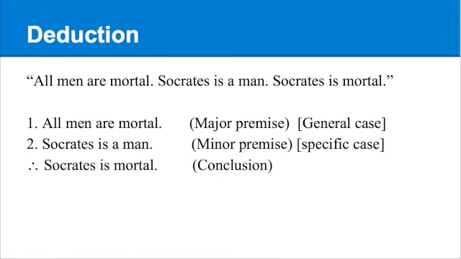And that's the conclusion. Those three dots you see on the left here, this is the formal logic symbol for therefore, or it follows that, right? It follows that Socrates is mortal. If these two statements are true, then it follows that Socrates is mortal.